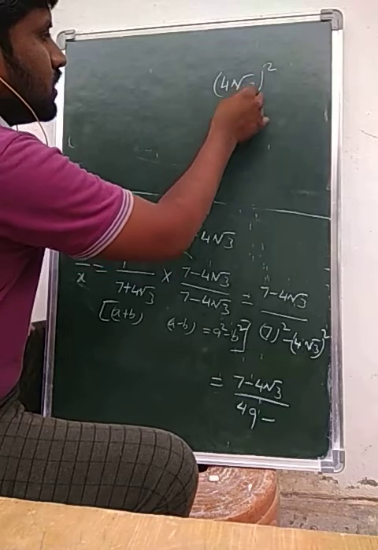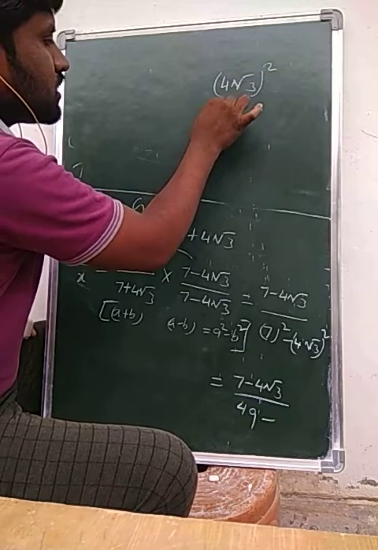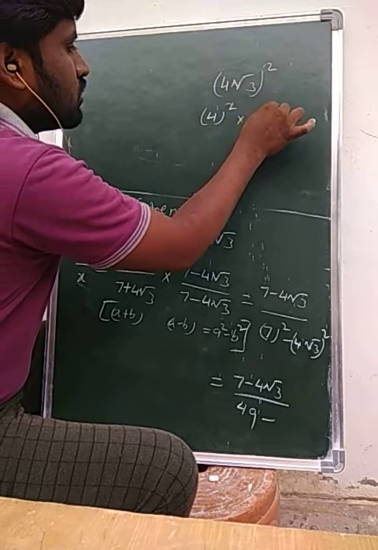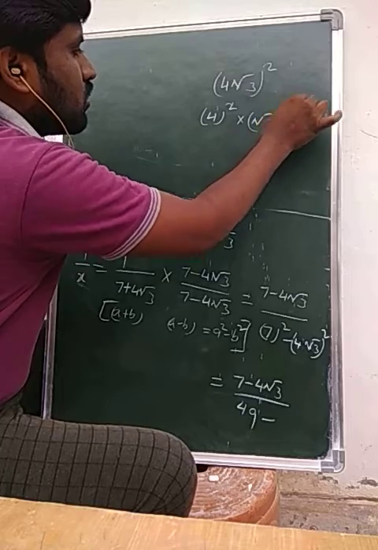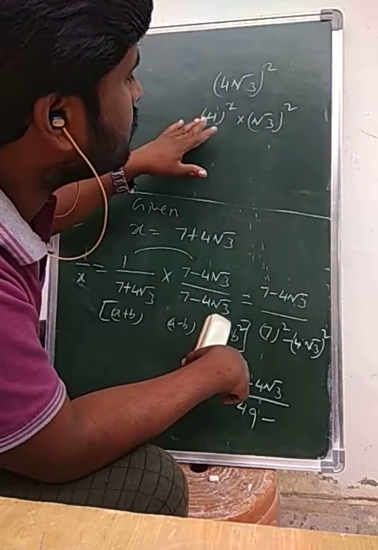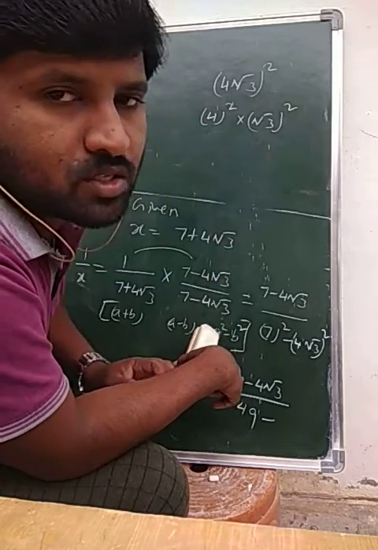The square applies to 4 as well as root 3. Individually, that is 4 square into root 3 whole square. Is it clear? 4 root 3 whole square is individually 4 square into root 3 whole square.